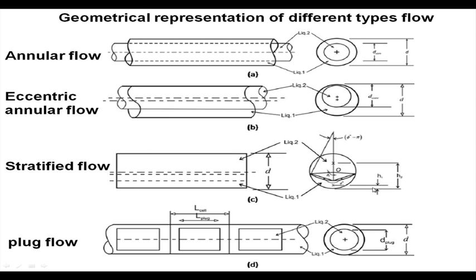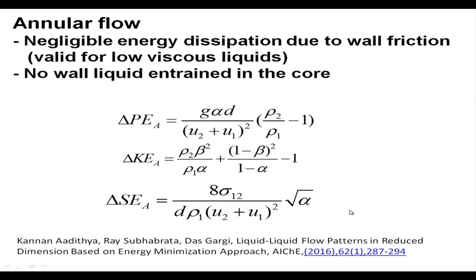In this particular case, the height of the center of gravity of the water portion is h1 and that for the toluene portion is h2, and the entire geometry can be represented by two angles, phi 0 and phi star.